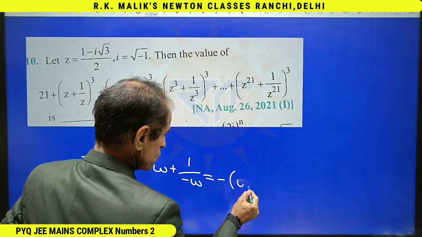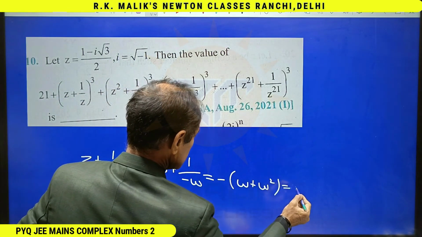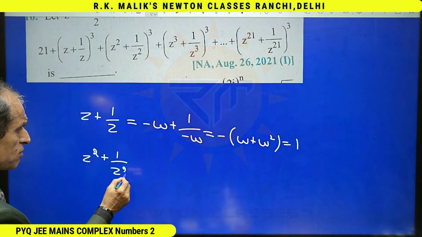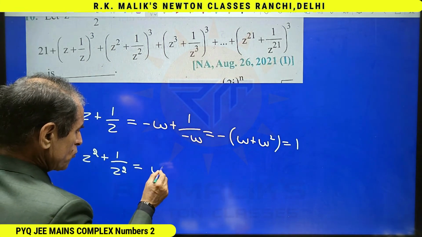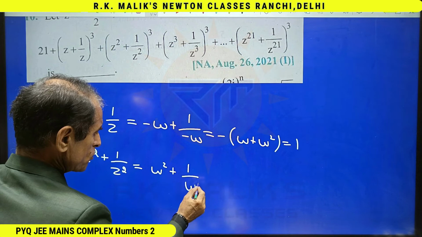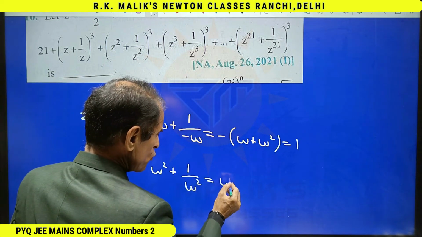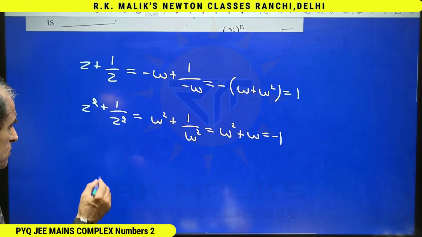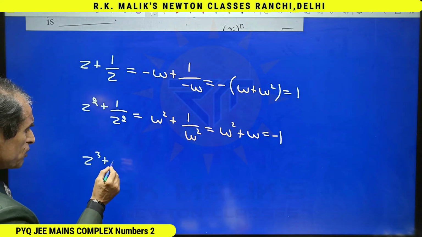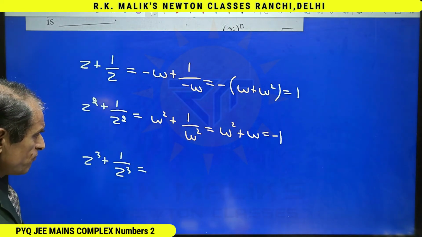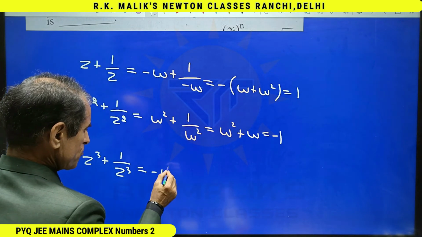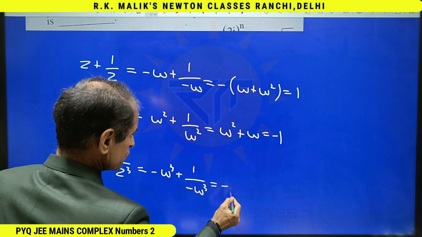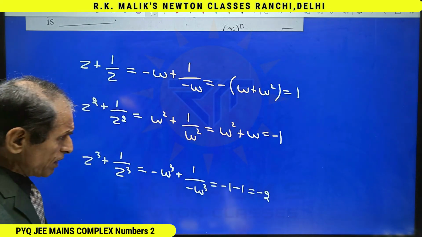That is minus omega plus omega square, that is 1. Z square plus 1 by Z square will be omega square plus 1 by omega square, that is omega square plus omega, that is minus 1. Z cube plus 1 by Z cube will become minus omega cube plus 1 upon, that is minus 1, that is minus 2.